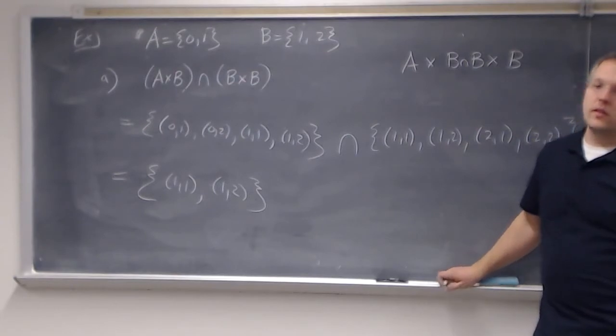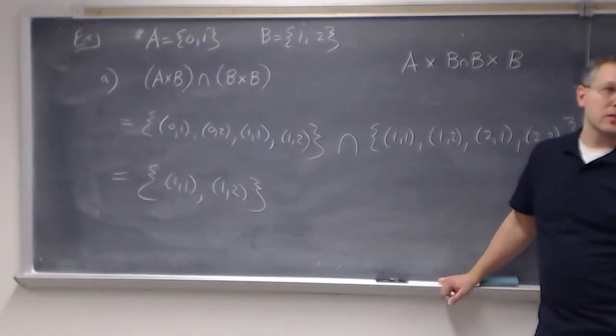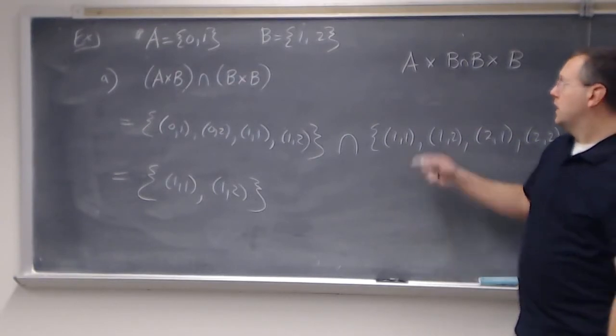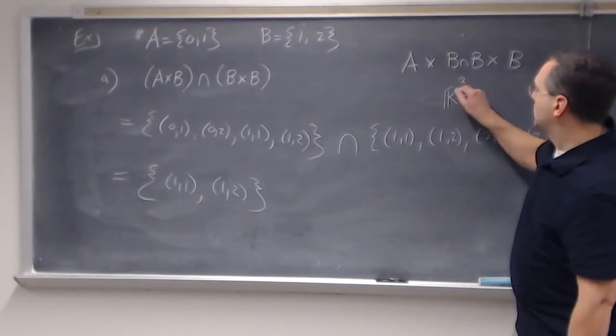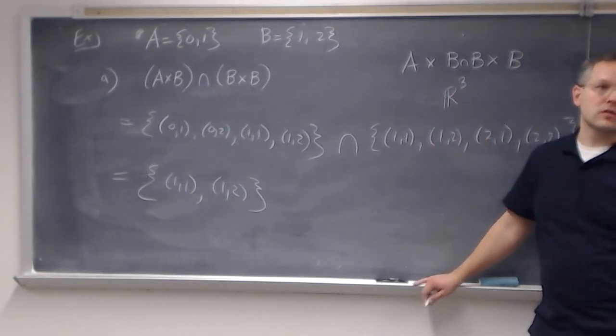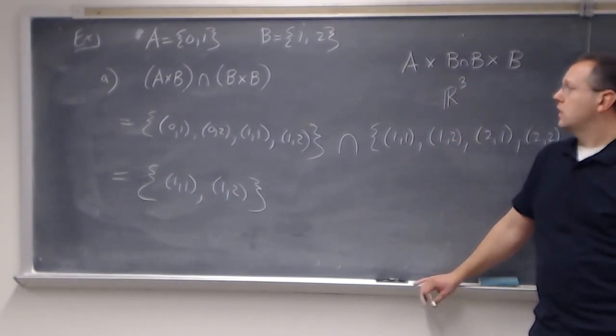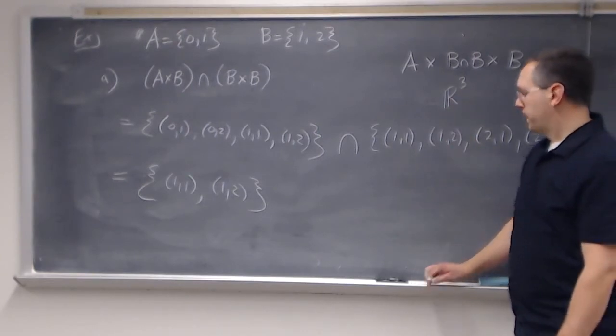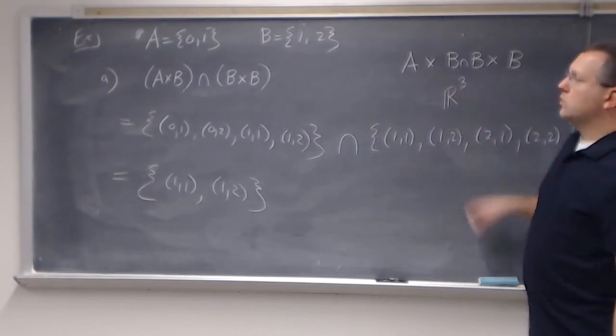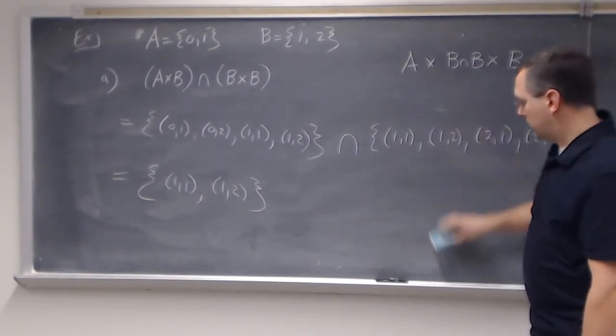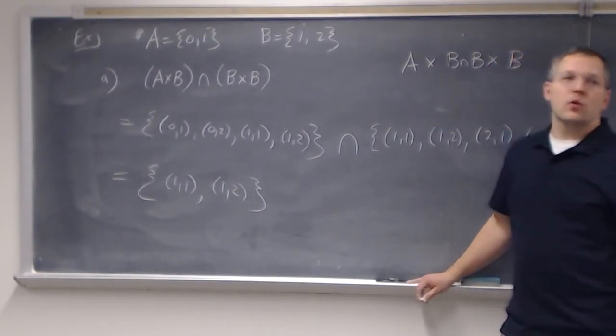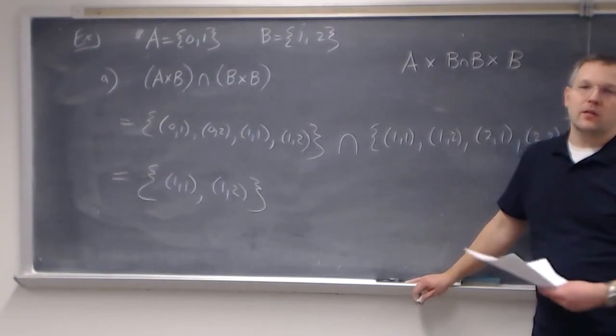Usually, when I've seen cross products with more than 2 sets, it's just R cross R cross R. That's really what you're going to deal with in a Calc 3 class. You'd see R the third. Any of these other ones where they have multiple cross products, in this book, it's more informative. It's trying to get you to think about the definitions.